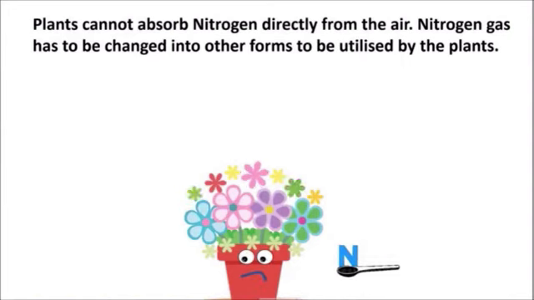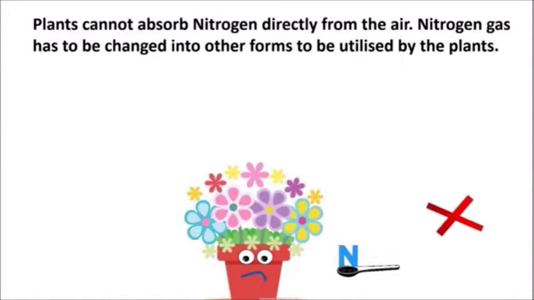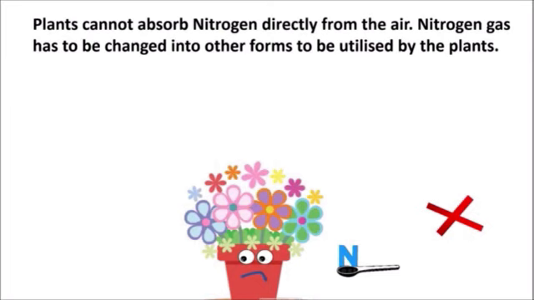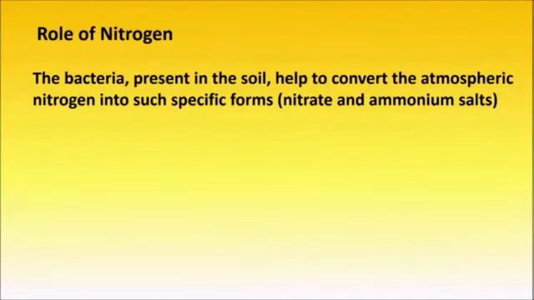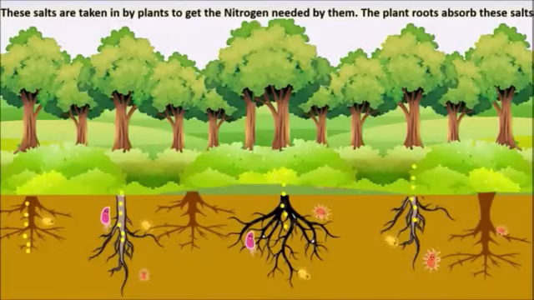However, plants cannot absorb nitrogen directly from the air. Nitrogen gas has to be changed into other forms to be utilized by the plants. How? The bacteria present in the soil help to convert the atmospheric nitrogen into such specific forms, that is, nitrate and ammonium salts.